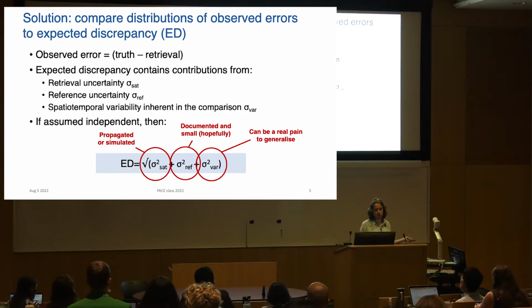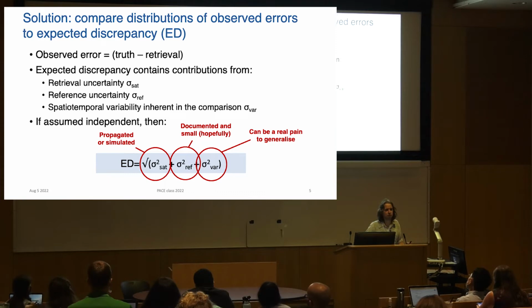So those are some of the examples I showed in the last talk. And if you think these 3 terms are independent, then you can add them in quadrature. So your satellite uncertainty estimate could be propagated, it could be diagnostic, it could be from simulations. The reference uncertainty you hope is well documented and you hope is very small, and if it's not, you go to your data provider and you say, why haven't you documented this?